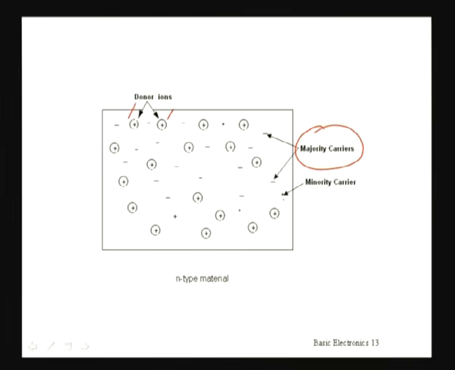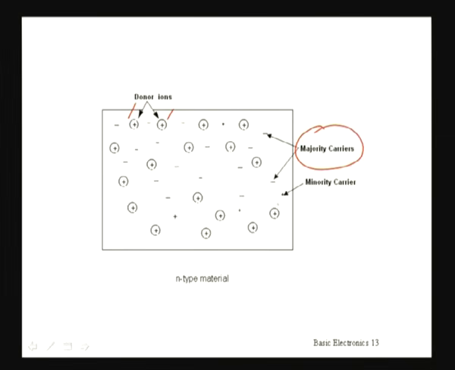These holes will be from the intrinsic material. So if n-type material is considered, altogether we will be seeing majority carriers as electrons, minority carriers as holes, and immobile ions which are positively charged donor ions. This is the structure of an n-type material.